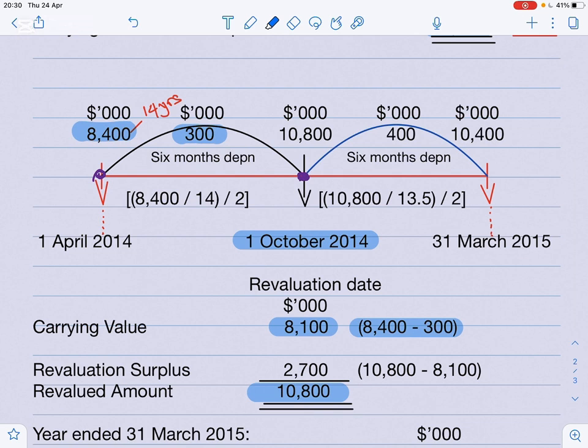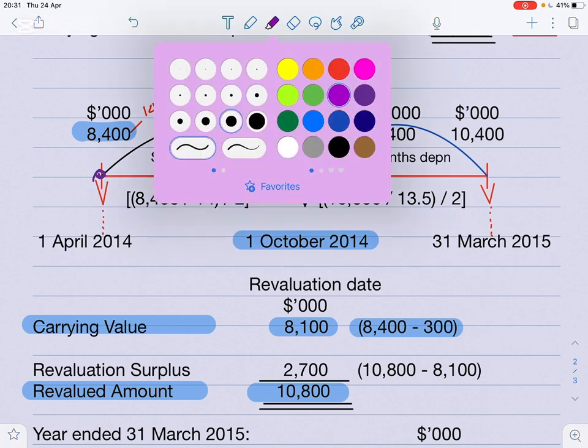So now the current value says one thing, the market value, the revalued amount, is saying a different thing entirely. So anytime you revalue and the revalued amount, otherwise known as the market value, is higher than the current value, there's going to be a difference. That difference is going to be a gain, and the gain is referred to as revaluation surplus.